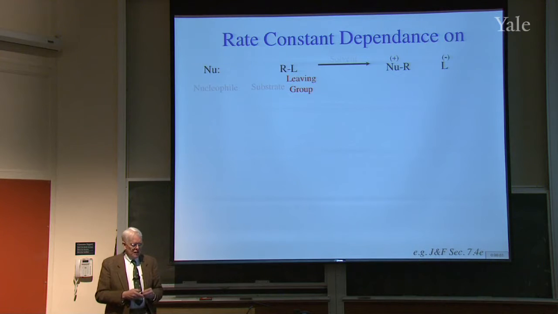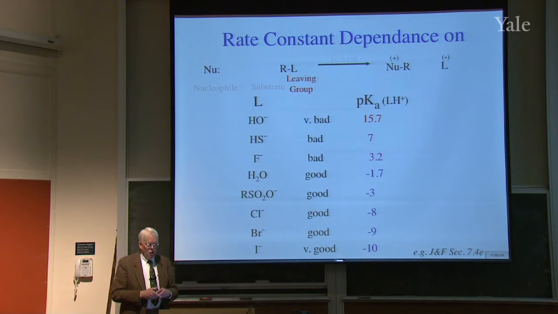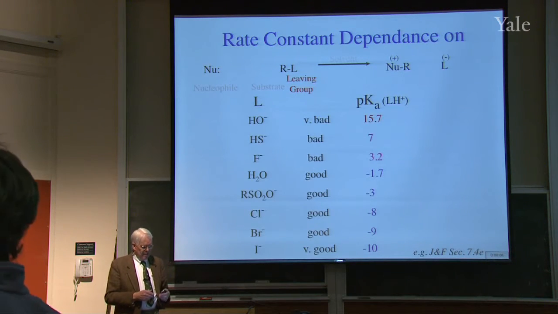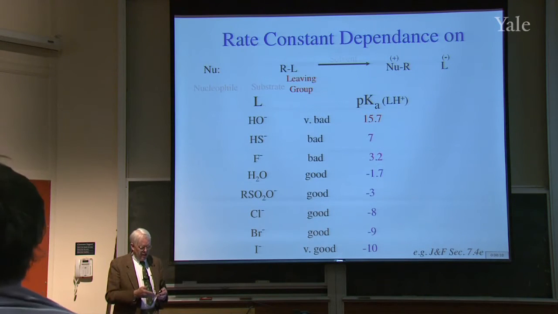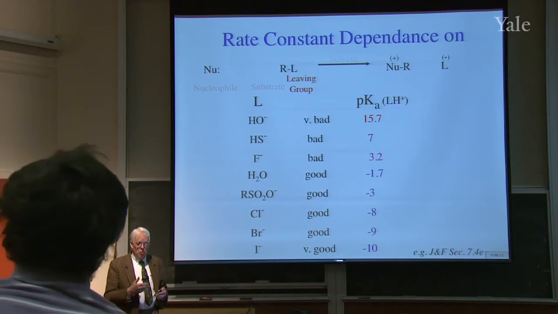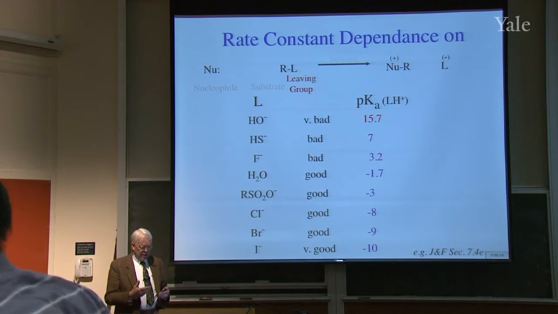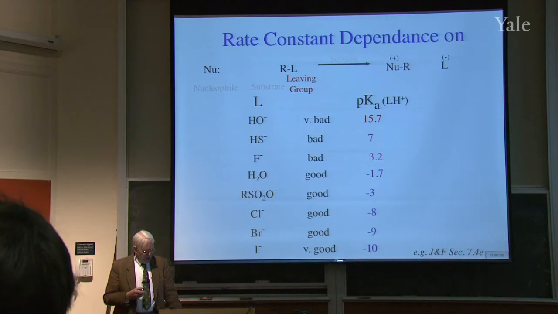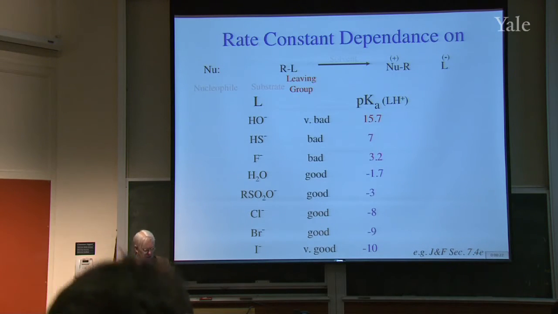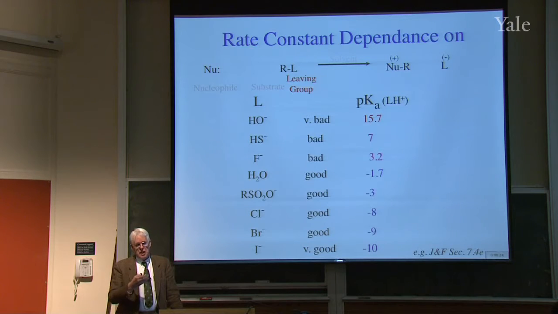Now let's look at the leaving group. Fortunately here, things make sense. You notice that the stronger the acid, that is, the more weakly the particular group bonds to a proton, the better it is as a leaving group. That is, it can give up its bond to carbon the same way it gives up its bond to protons.